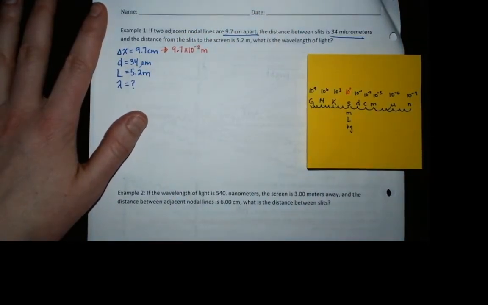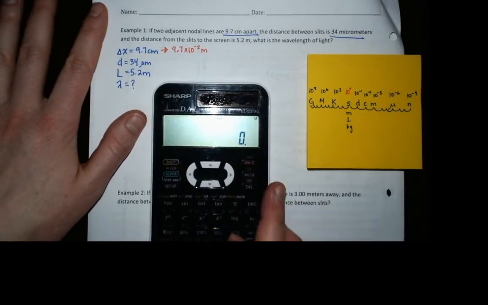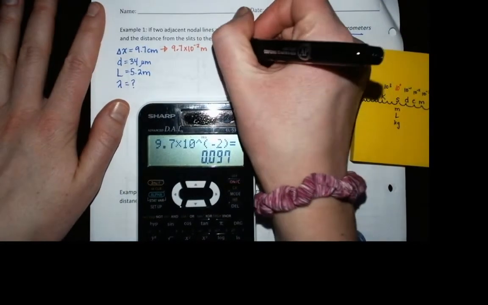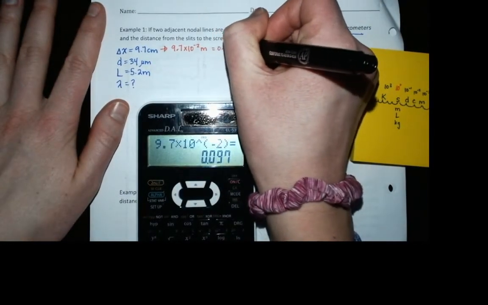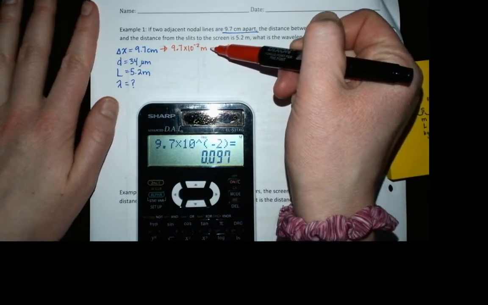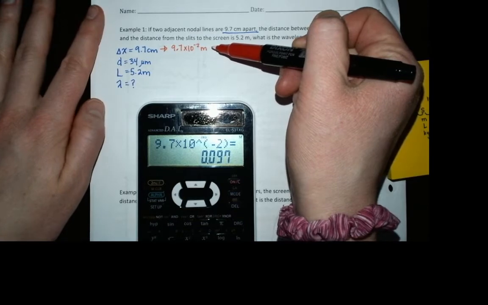If you want to see what this actually looks like in your calculator, 9.7 times 10 to the power of negative 2 is 0.097. So you can go ahead and write it as 0.097, or you can leave it like this to punch into your calculator later. Doesn't matter. Whatever you feel comfortable with.